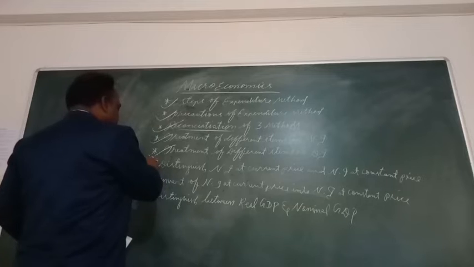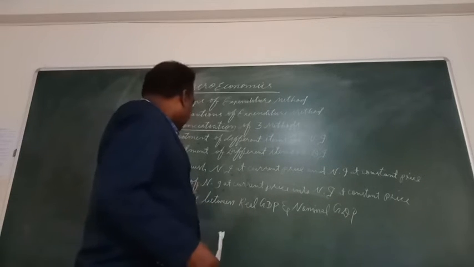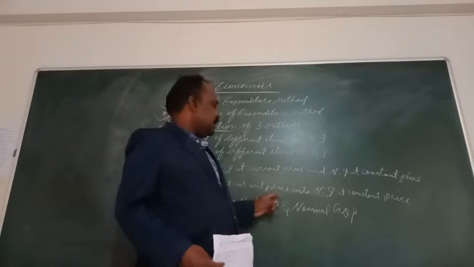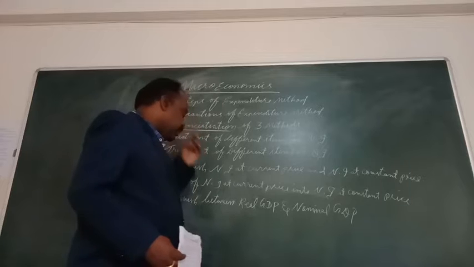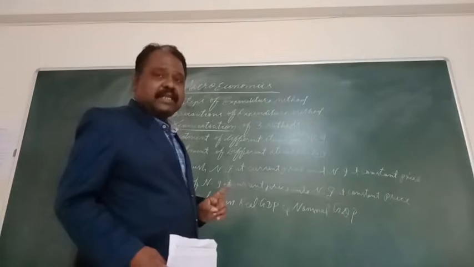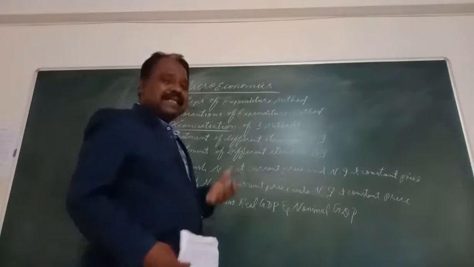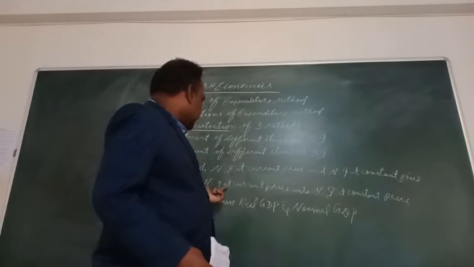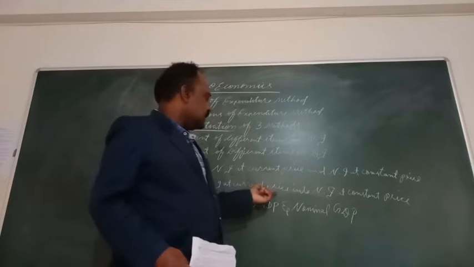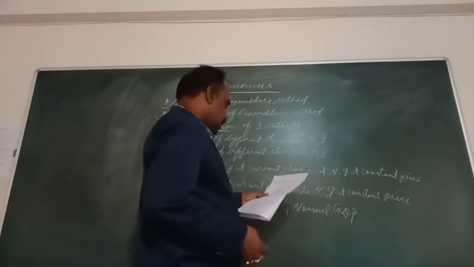Now the next point is converting national income at current price into national income at constant price. Now we have to keep the formula in mind. Suppose in the exam a question comes: convert national income at current price into national income at constant price. What is the formula I am going to say today?